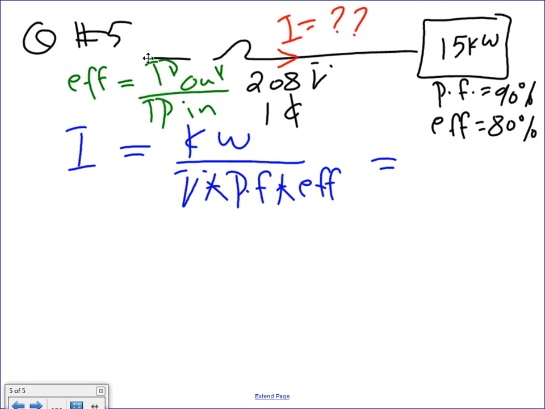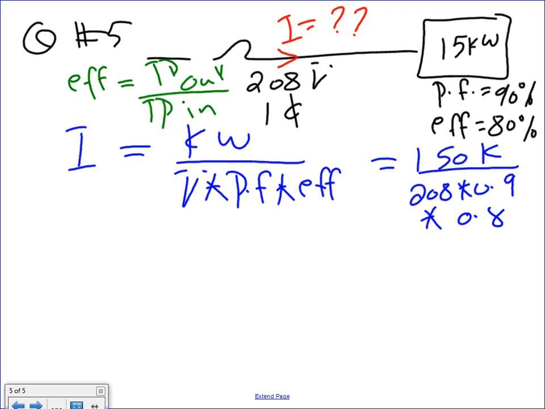So the current that this equipment is going to take equals the kW rating of this equipment, divided by how efficient it is, its power factor, and its voltage. Piece of cake: you take 150 kW, divide by a system voltage of 208 single phase, multiply by the power factor of 0.9, and multiply by 0.8.